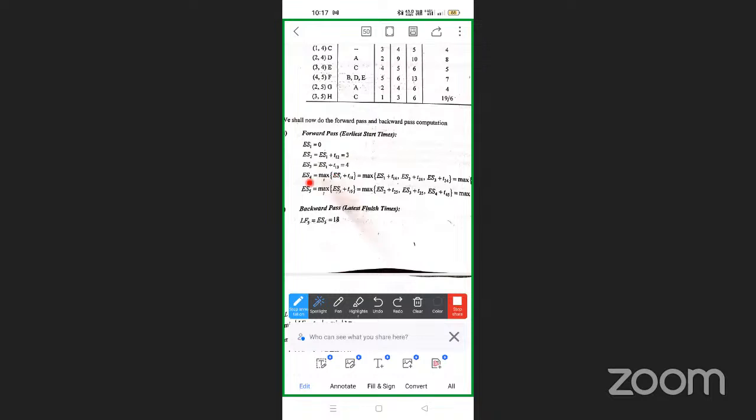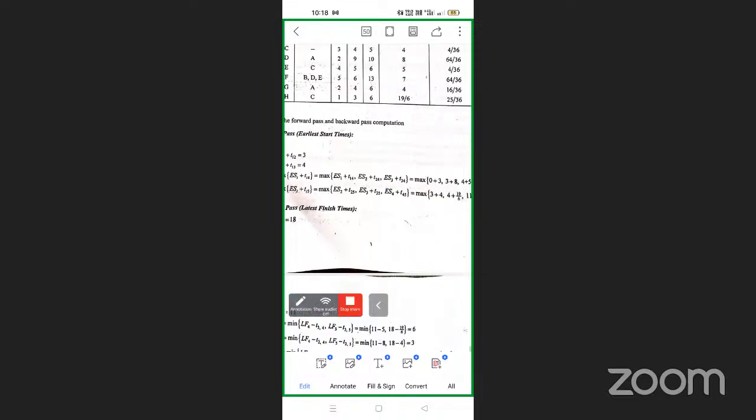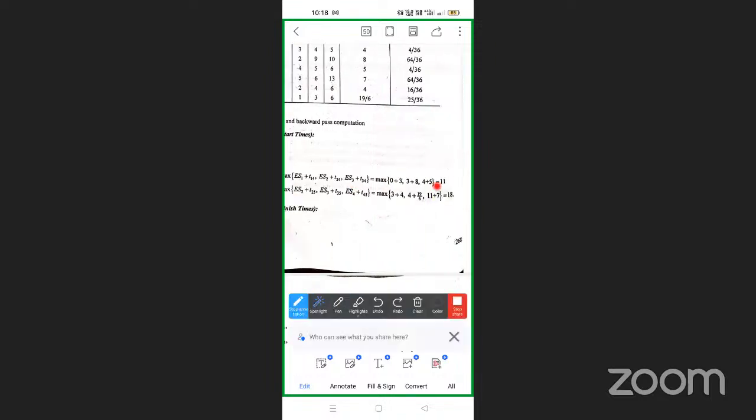Next, ES4 is the maximum over the first, second and third nodes: ES1 plus T(1,4), ES2 plus T(2,4), ES3 plus T(3,4). In this, the maximum value is 11.